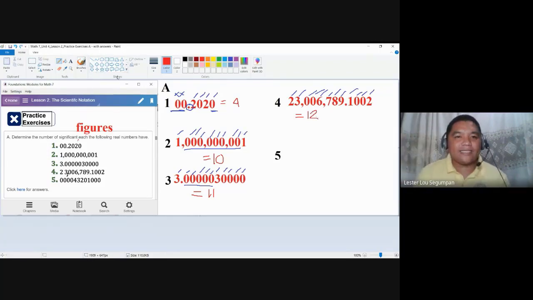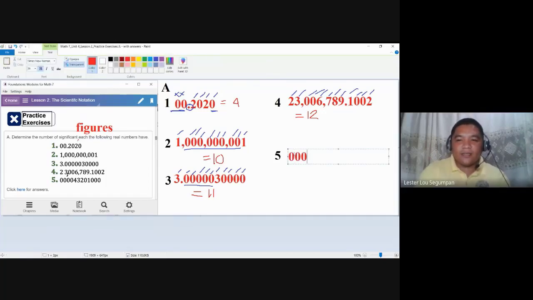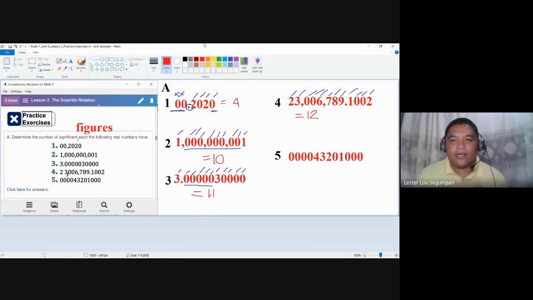As for the last item, I have not placed the commas there just so as not to disturb you, but that's simply so that you can analyze. We have the non-zero digits counted as significant. The zeros between the non-zero digits are also significant.